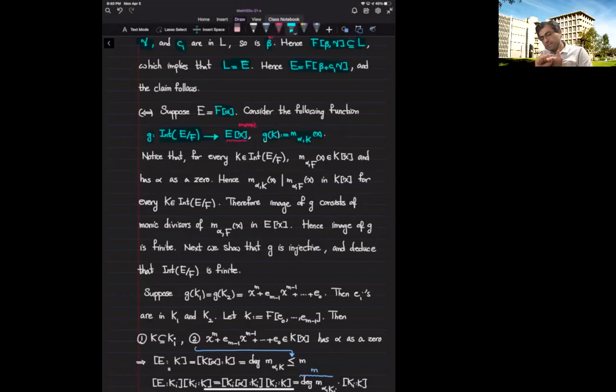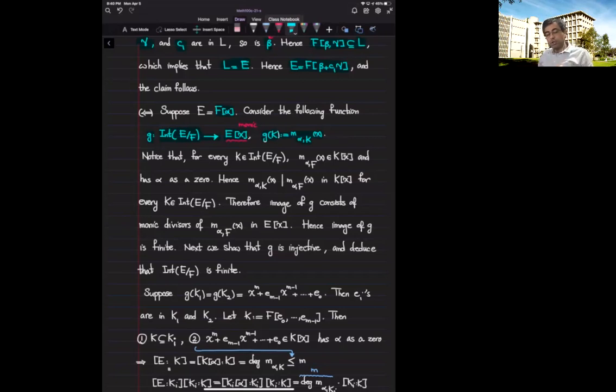We will show that this function is injective, and we will show that the image of G is finite. From these two assertions, we deduce that the domain of this function is also a finite set. And that's exactly what we wanted to show. So again, we are going to show two assertions: the image of G is finite and G is injective, and deduce the domain is finite, and finish the proof.